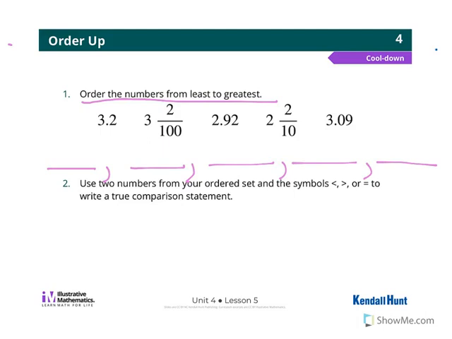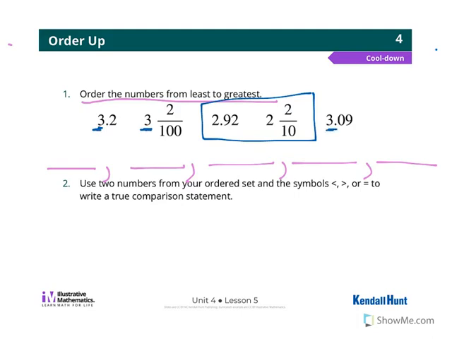All right. So when I look at these decimals, I'm going to start with the greatest. So I'm going to look at my whole numbers. I see a 3, a 3, a 2, a 2, a 3. So I'm going to ignore my ones that have a 2 to begin with, and I'm going to look at the ones that have a 3. All right, so they all have a 3.